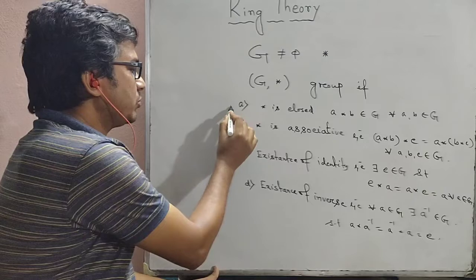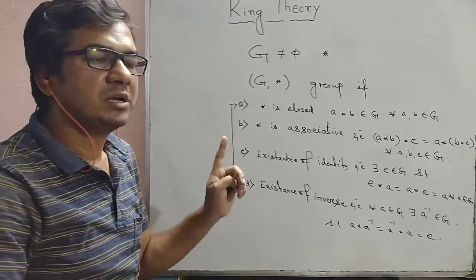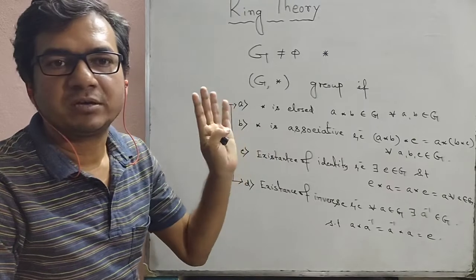And these four properties together represent that G is a group.